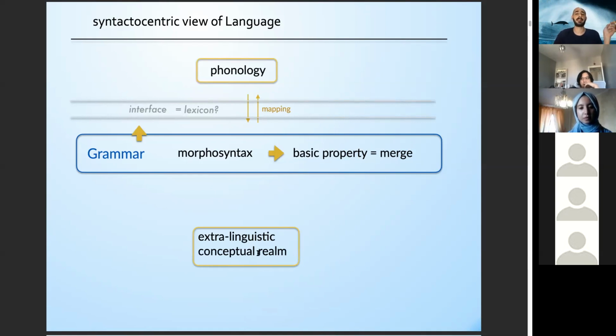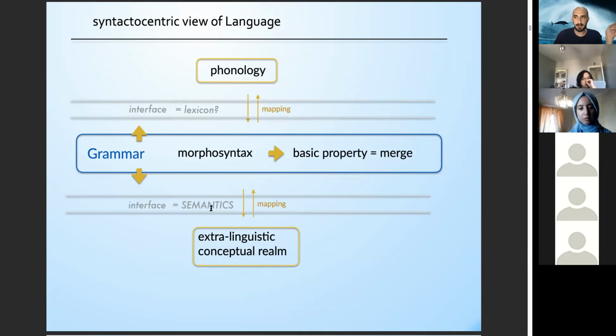But then you have your extra linguistic conceptual realm: your probably distributed concepts, or whatever the concept center is. We haven't seen that yet. And then you have a mapping between this and grammar. So the semantics, according to a very famous linguist who basically invented modern linguistics, can be thought of as a mapping between grammar and your extra linguistic concepts.